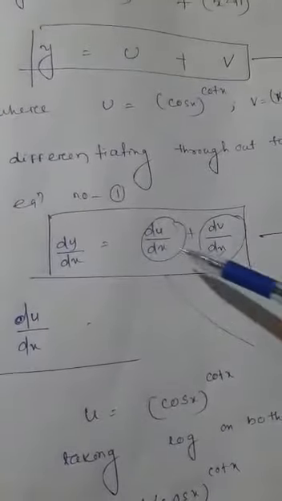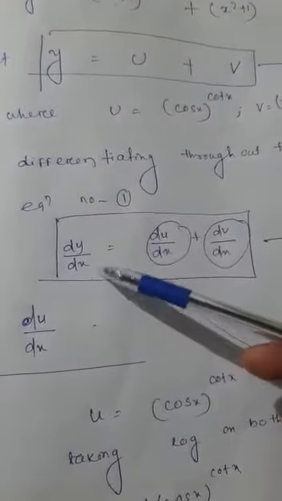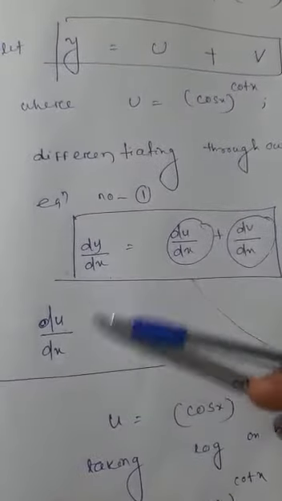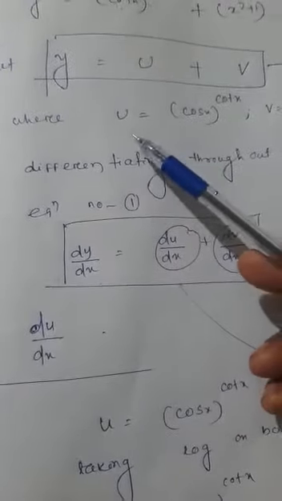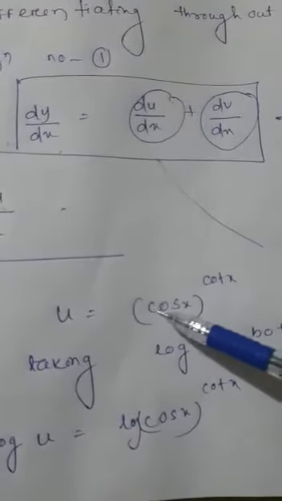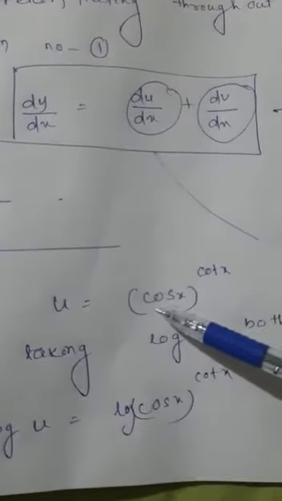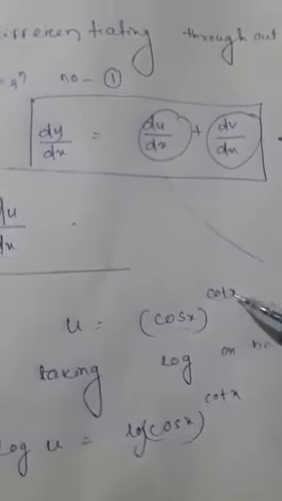Then we will add the values to find the value of dy by dx. Now see how to find du by dx. What is the value we have considered for u? u is equal to (cos x) power cot x. Cos x is a function of x, cot x again a function of x, variable to the power variable.